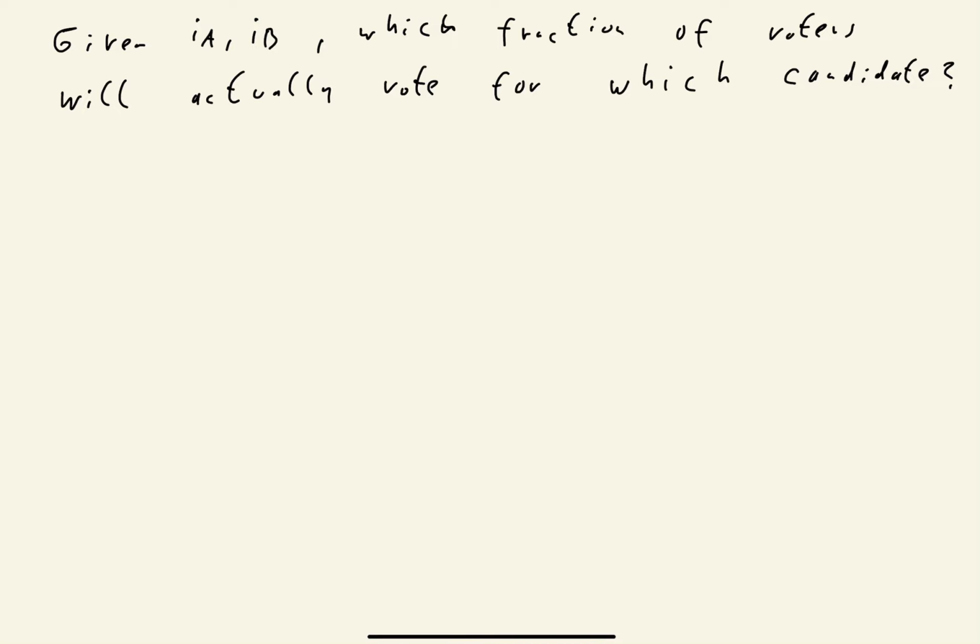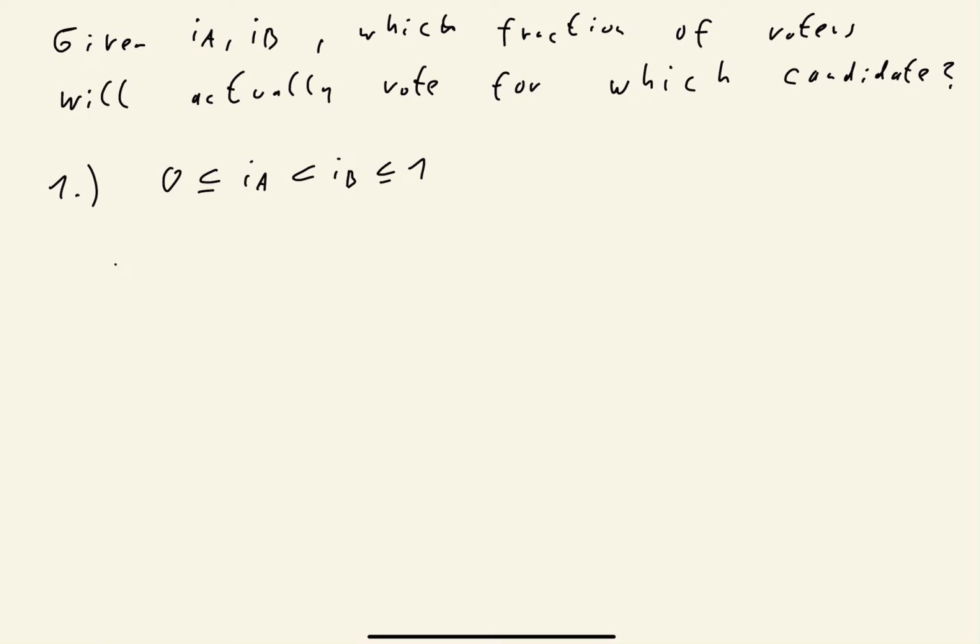So first, let us consider the case where the chosen ideology of A is strictly smaller than the chosen ideology of B, and it's weakly smaller than 1.